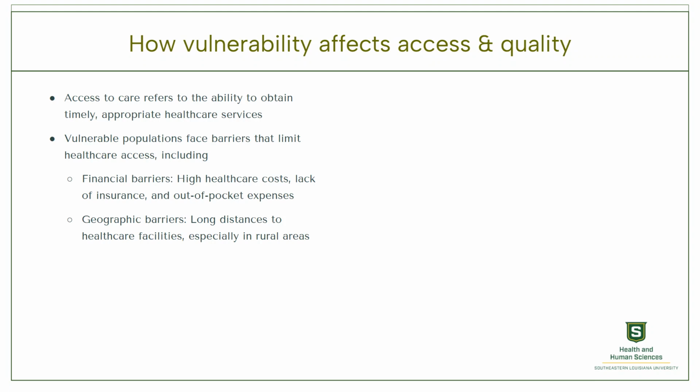You also have geographical barriers such as long distances. This is much more common in rural areas, but it is also very common in areas where a lot of very poor people live. And I say this all the time, and I'm going to keep saying it. One of the things that shocked me the most about living in Hammond was the lack of public transportation.